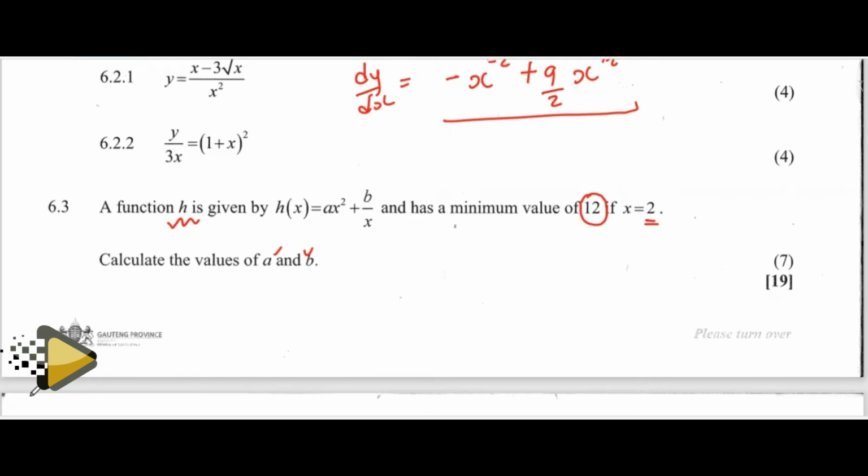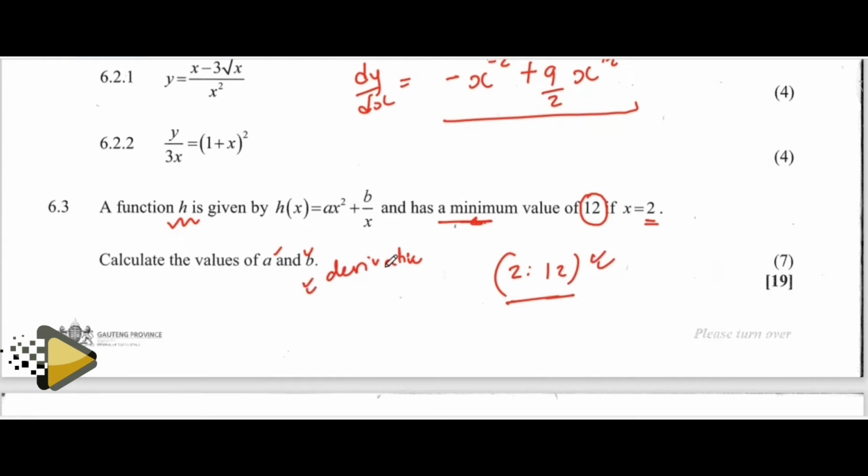So whenever we talk about minimum or maximum under calculus, what must come into our mind should be the derivative. It's minimum or maximum. So one thing we also know is that at this point, the coordinates of x are 2, the coordinates of y are 12. Okay, that is number 2.